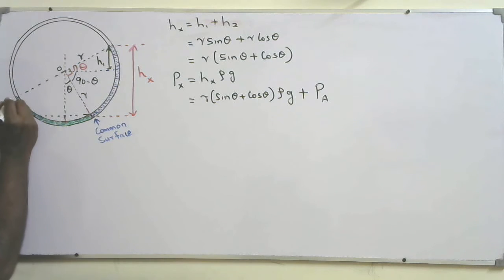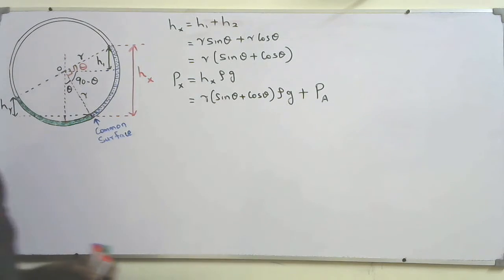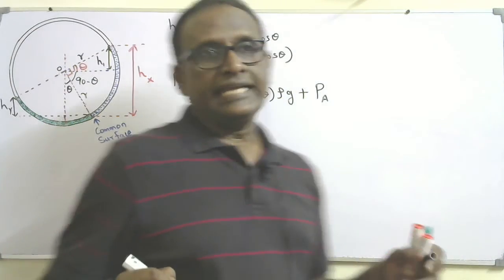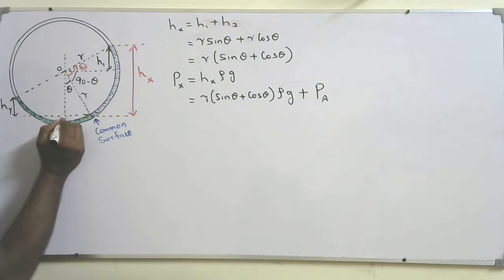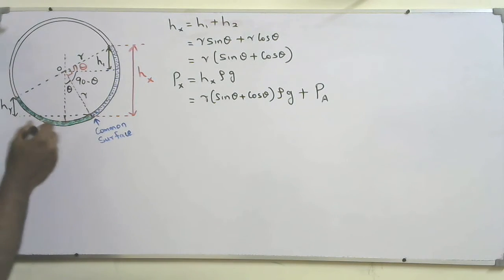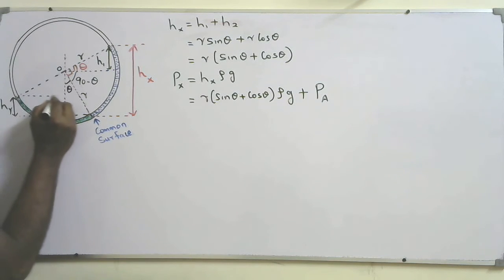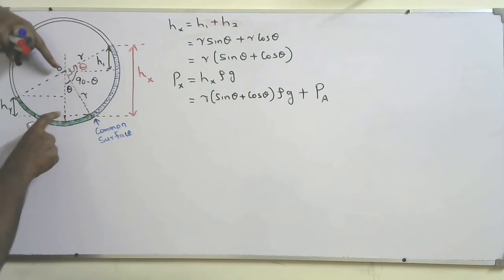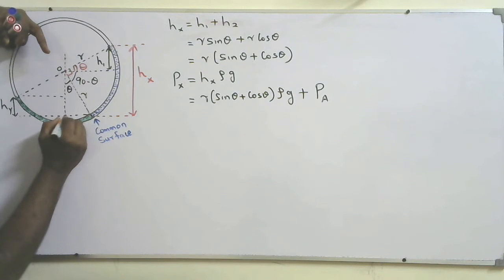So this height, I need to find it, HY. How much is that HY? You can see HY is from this height. So I can draw a horizontal line here also. HY means this height from O to this point.